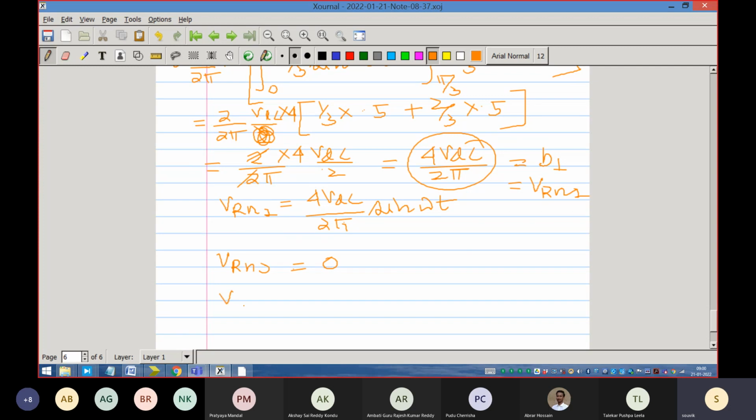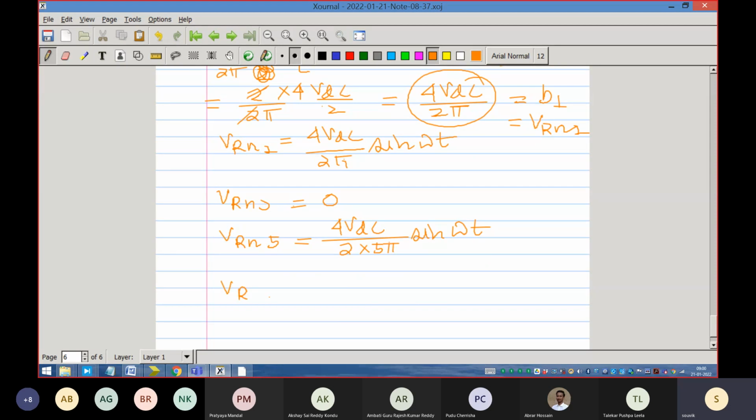But we will not see any change in the others. You can easily see that VRN5 is nothing but the same type of structure, 4 VDC by 2 into 5 pi into sine 5 omega t, and VRN7 is equal to 4 VDC by 2 into 7 pi into sine 7 omega t, right?